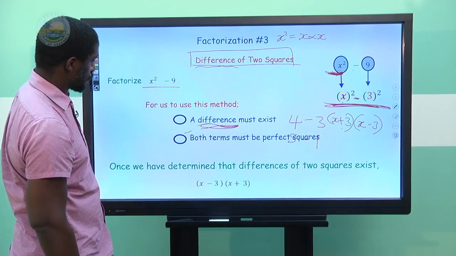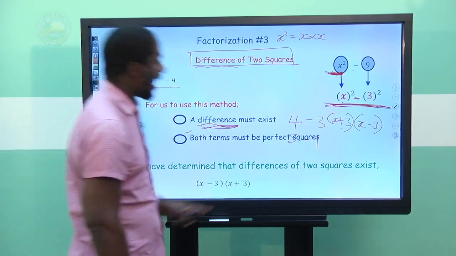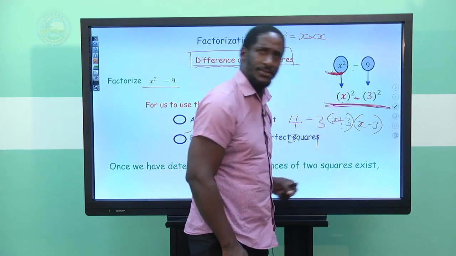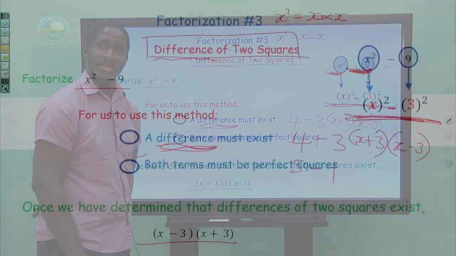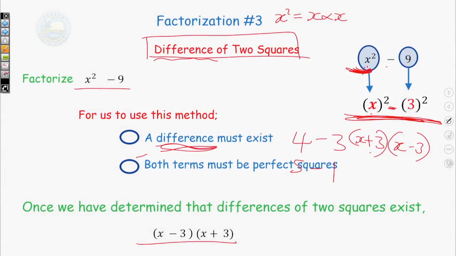Oh, wait, something is wrong here. Because here, I have x plus 3, x minus 3. But based on the answer that I'm seeing here, it is x minus 3, x plus 3. Is there something wrong? No. When we started off algebra, we spoke to the commutative property. We said that multiplication and addition are commutative.